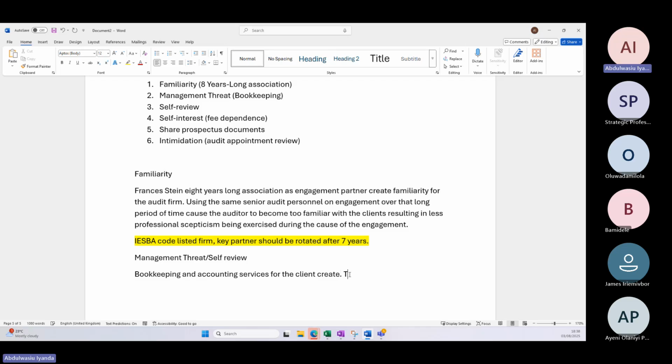So these arise because the auditor is generating the financial statements and then has to give an opinion.